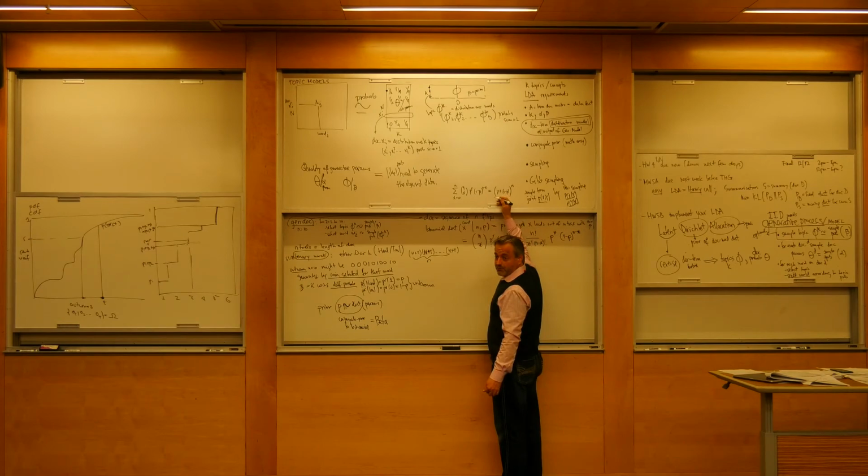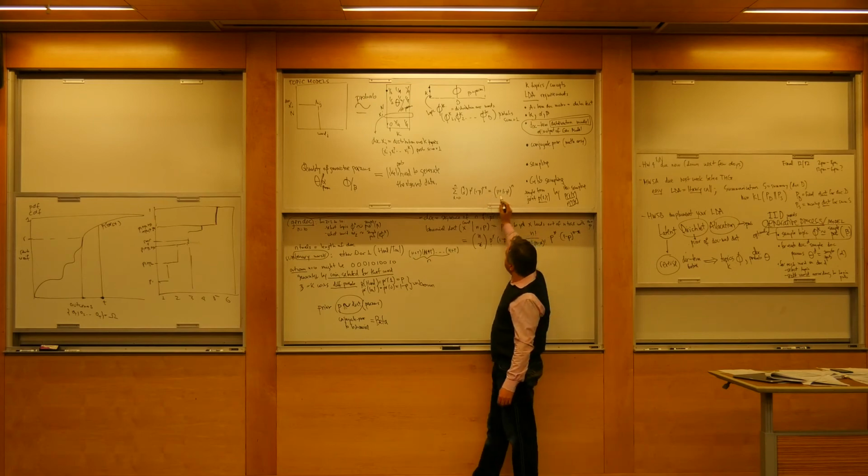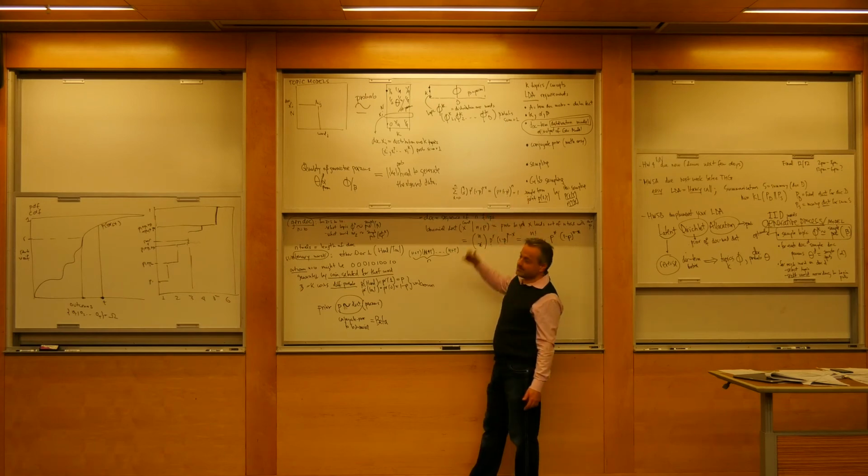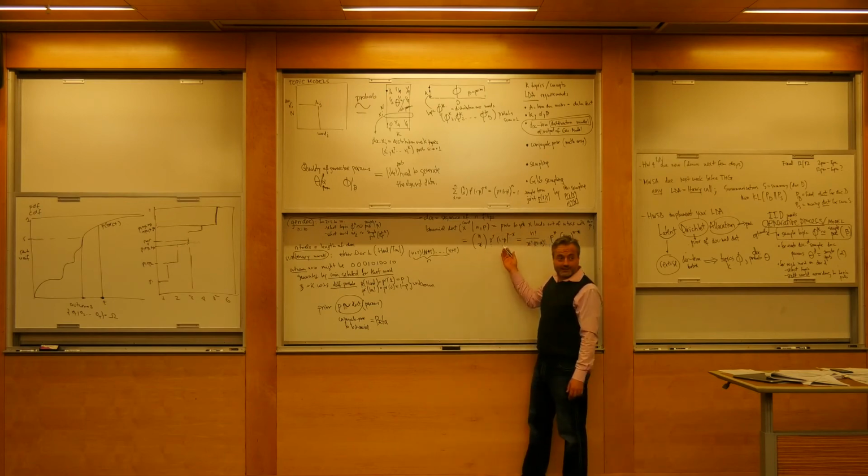That's the binomial formula. Remember in high school? No? I think people should do this in high school, the binomial formula. And then how much is p plus 1 minus p? 1 to the n, that's 1. So that is a distribution. These numbers sum up to 1. It's a binomial distribution.